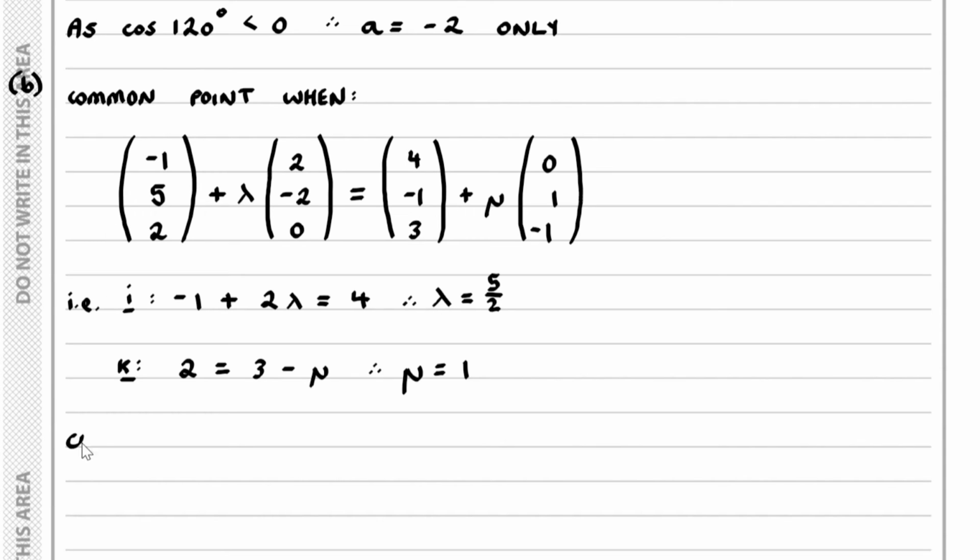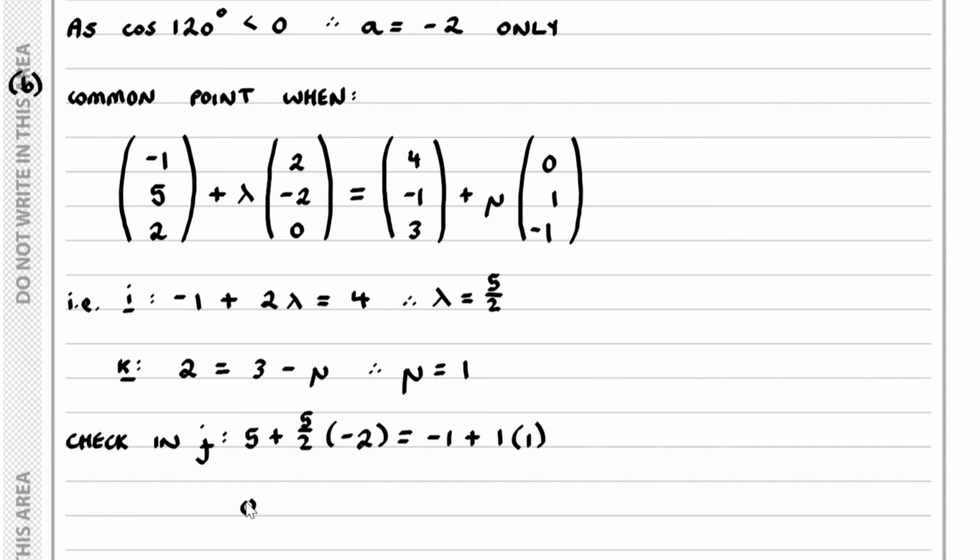So if we check in the j component, we have 5 plus 5 over 2 multiplied by minus 2 equals minus 1 plus 1 multiplied by 1.